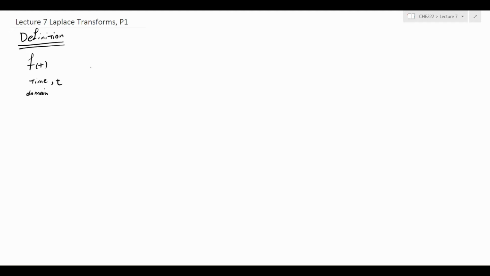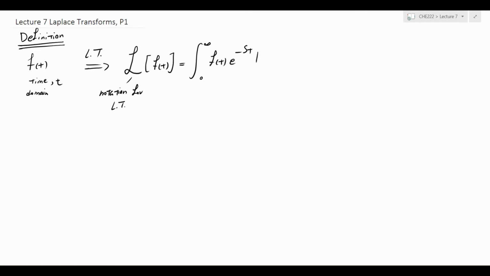the Laplace transform of this function is defined as a fancy L, and this is the notation for Laplace transform of f(t), and is defined as the improper integral from 0 to infinity of f(t) e to the minus st dt.